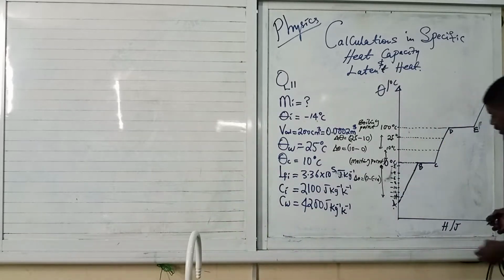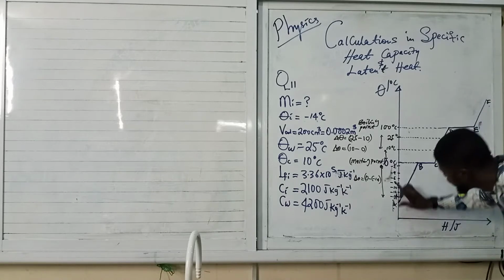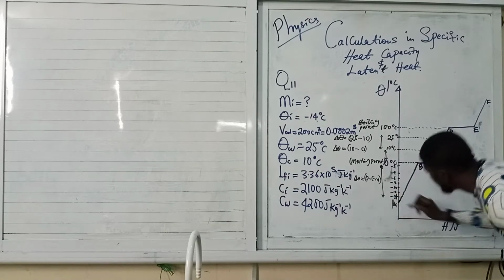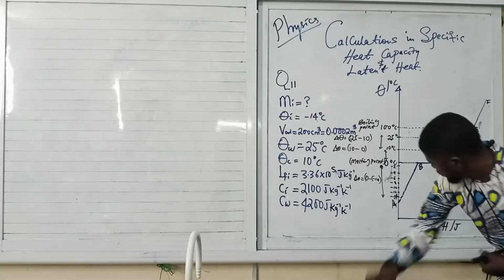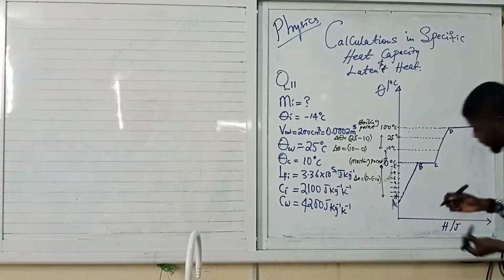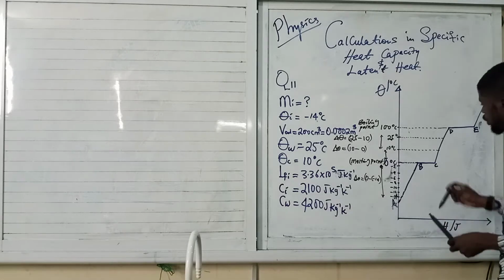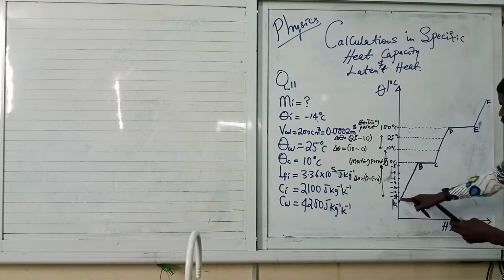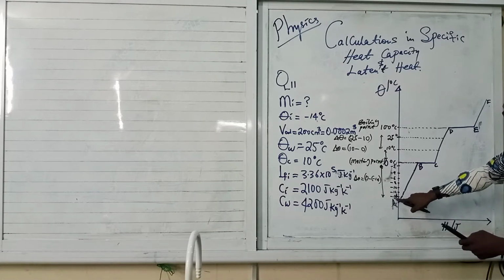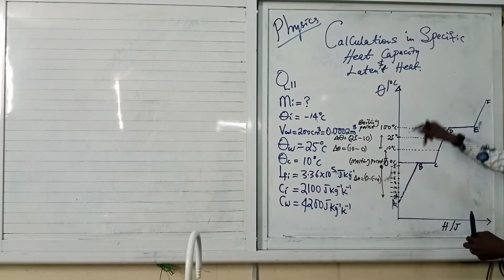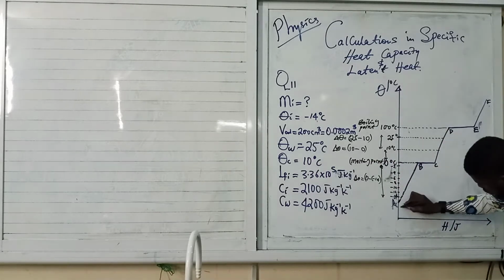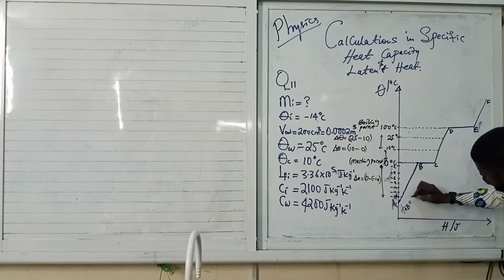Now back to business. The heat energy responsible in raising the temperature of the ice from -14°C to its melting point 0°C is given as HAB equals what?